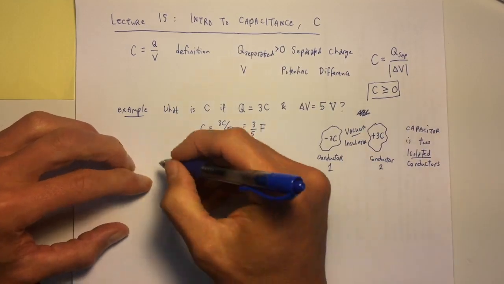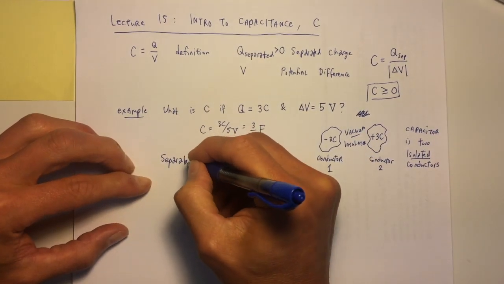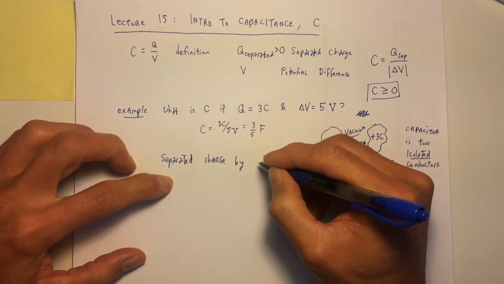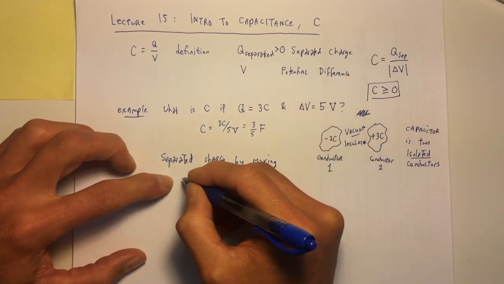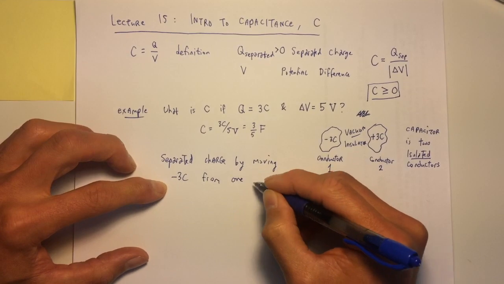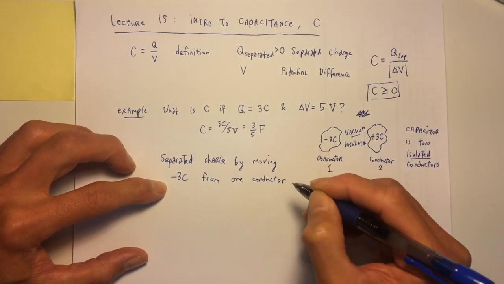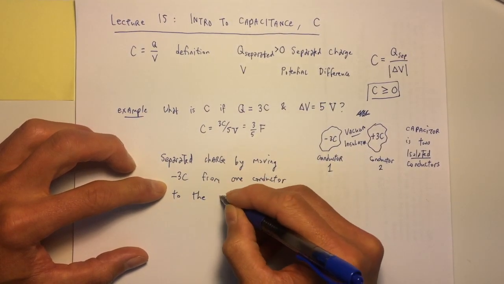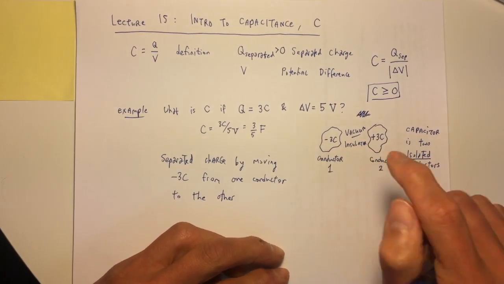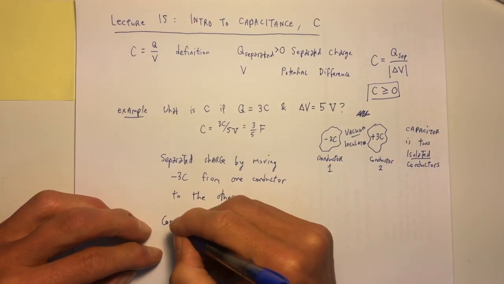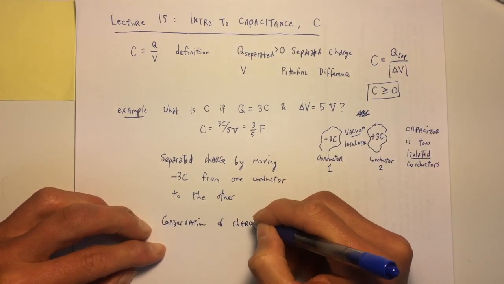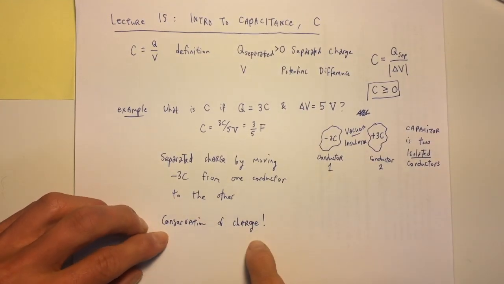So here I have separated charge by moving negative 3 coulombs from one conductor to the other. And because of conservation of charge, remember the conservation of charge?